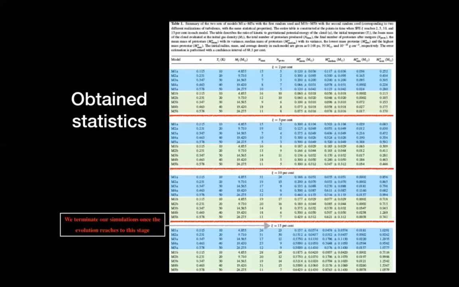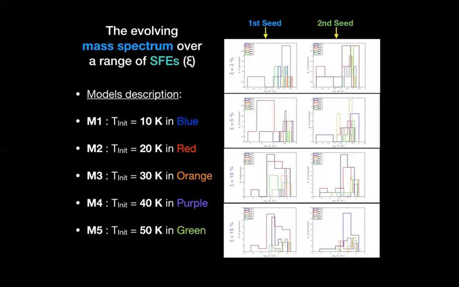Then we analyze the case at 5% star formation efficiency. We let the gas evolve further, and when the star formation efficiency reaches 10%, we again analyze the system. And when we reach 15% star formation efficiency, we stop our simulations and analyze the entire evolution along with these star formation efficiencies.